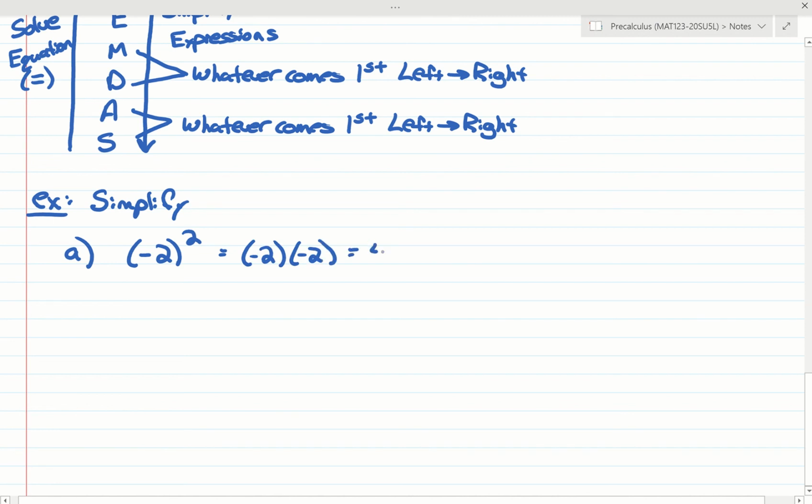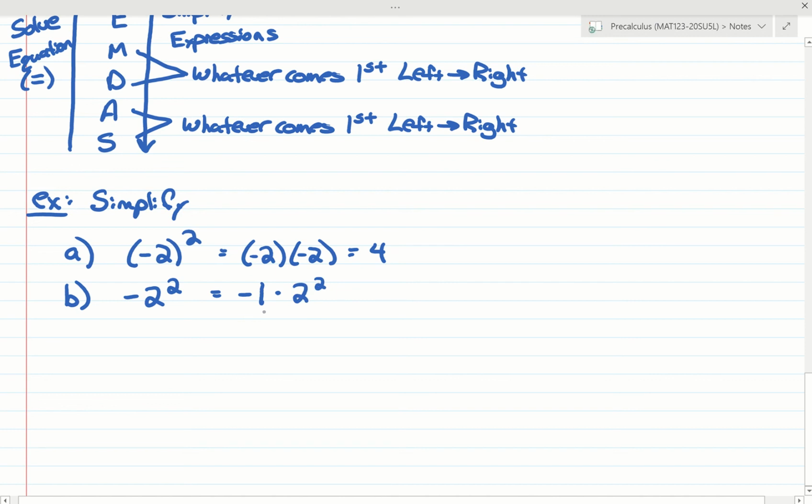So that would be 4. So what would the difference be if I asked you to figure out negative 2 squared? Looks pretty similar to that, but really what this means is we're really doing negative 1 times 2 squared. So just be careful with that notation.